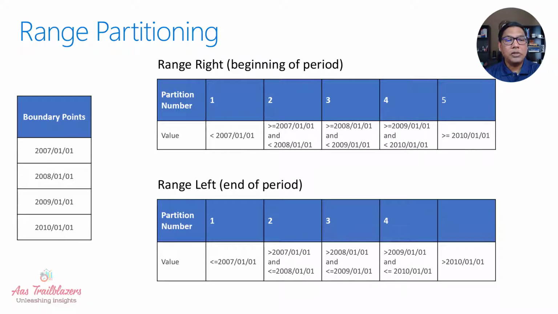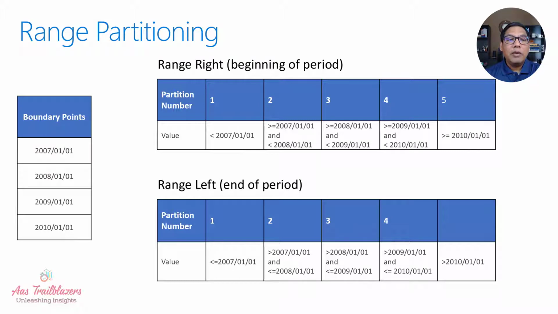This is what we see for the third partition: all the values greater than or equal to Jan 1st 2008 and less than Jan 1st 2009 will be part of partition 3. Likewise for partition 4, and any value greater than Jan 1st 2010 will be part of partition 5.